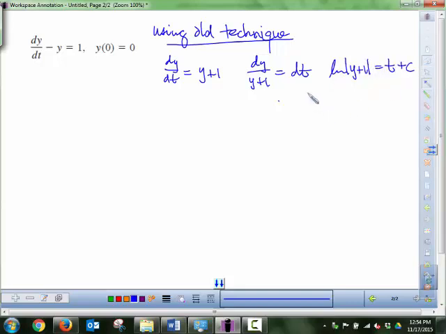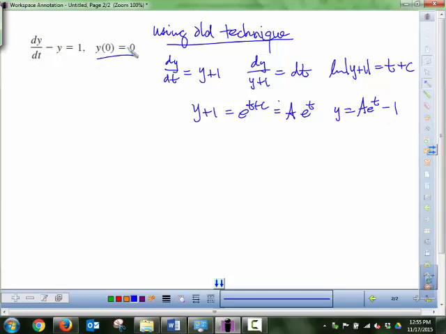And then we take the exponential. y plus 1 is equal to e to the t plus c. We've seen this before, where the e to the c and e to the t can just get combined into A e to the t. So y is equal to A e to the t minus 1.